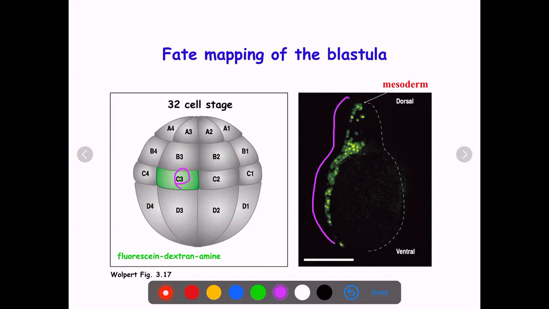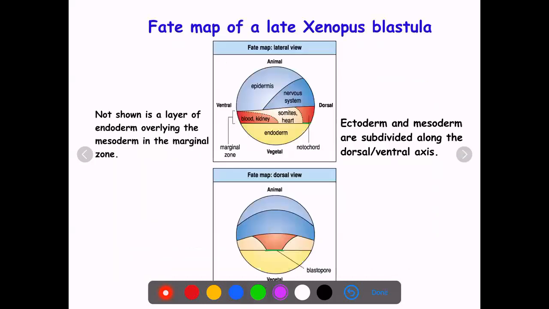That's how they found this area forming the mesoderm. I think they took the area a little bit deeper. So from those fate maps, what they found is that mesoderm is formed in the middle.